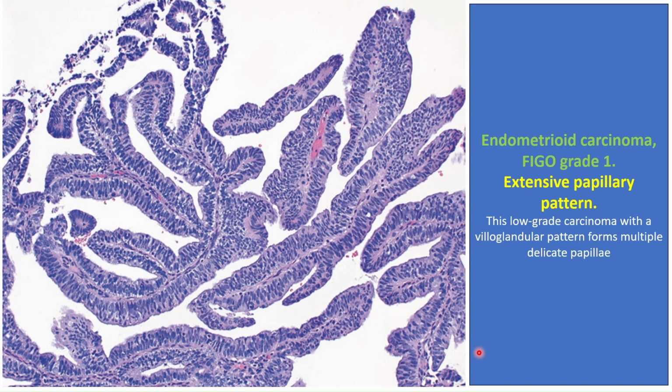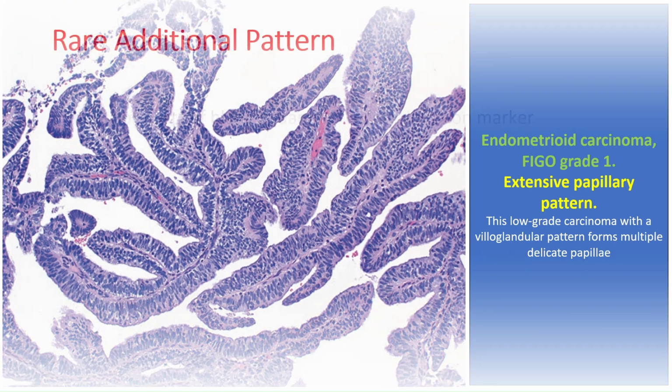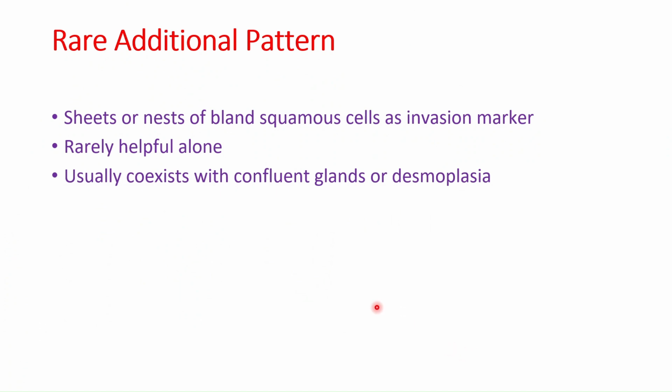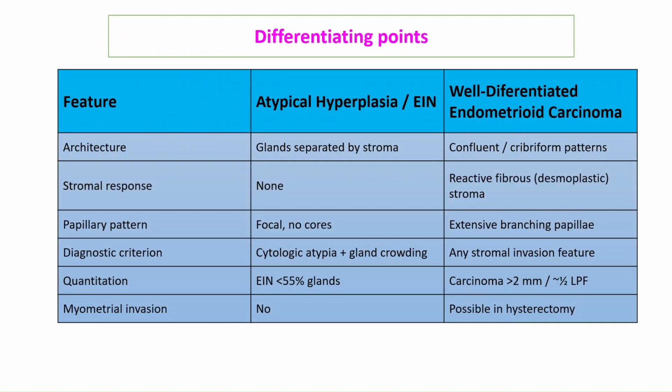So this is the third pattern for well differentiated endometrioid carcinoma. Some rare additional patterns can be seen like sheets or nests of bland squamous cells as an invasion marker, but they are rarely helpful alone, and usually they coexist with confluent glands or desmoplasia.